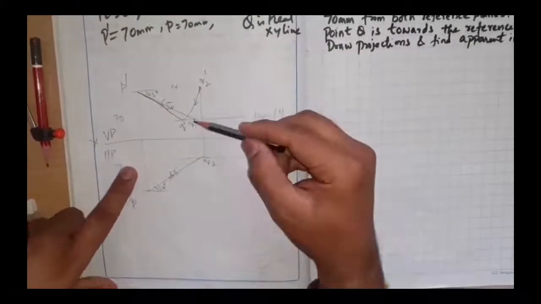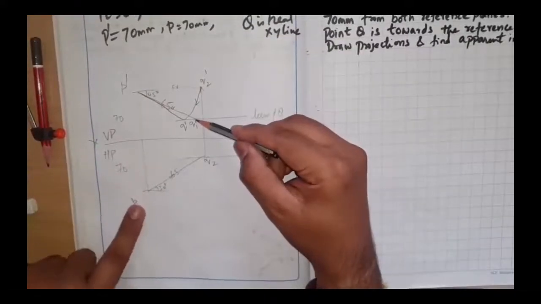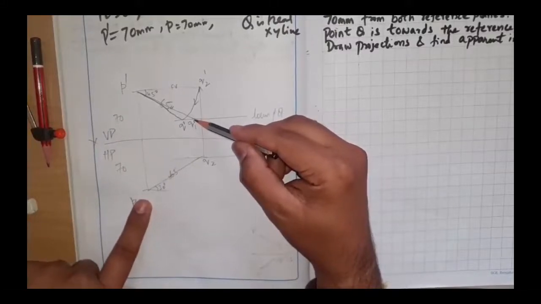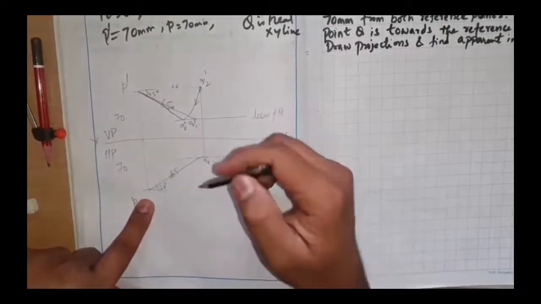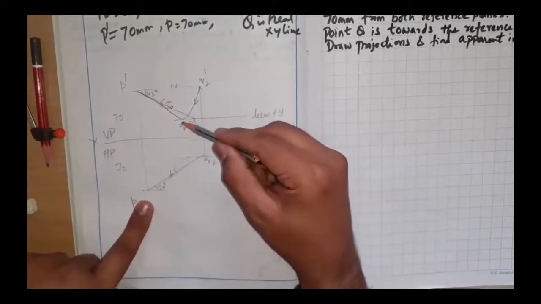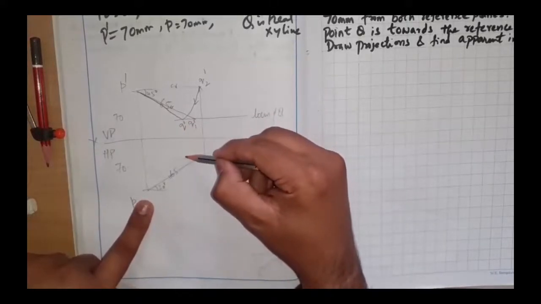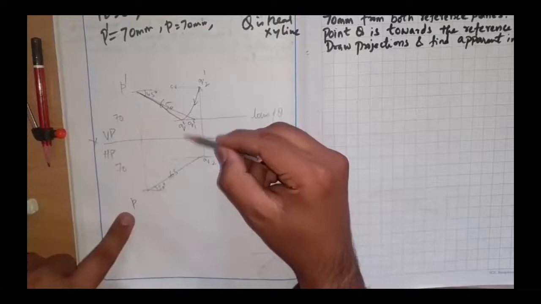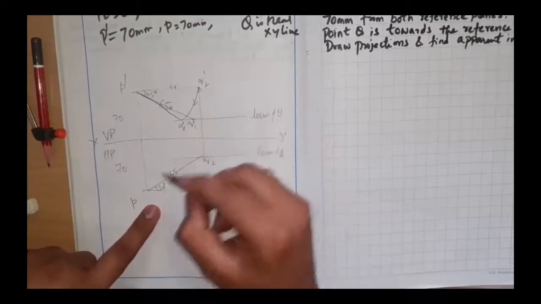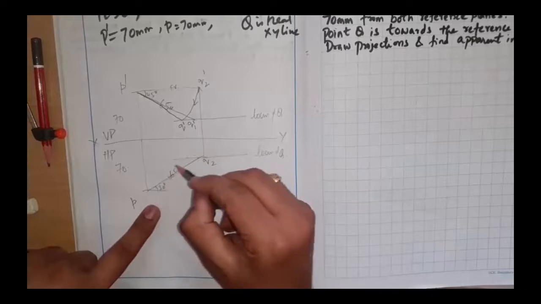I am dropping it till the point of rotation P. Very important step is this step, because Q dash can be marked directly here. From Q dash, if you draw a line, it meets somewhere here. P dash P, Q dash Q, directly you will get the answer.